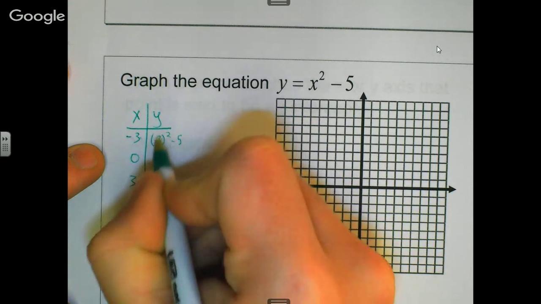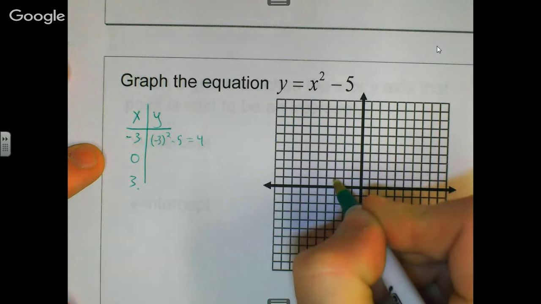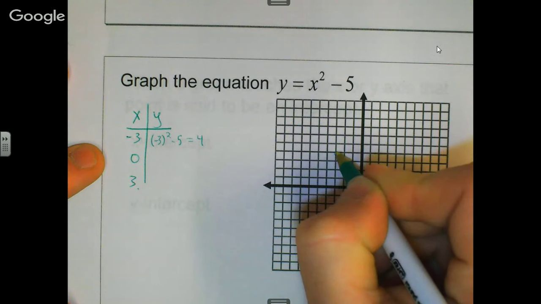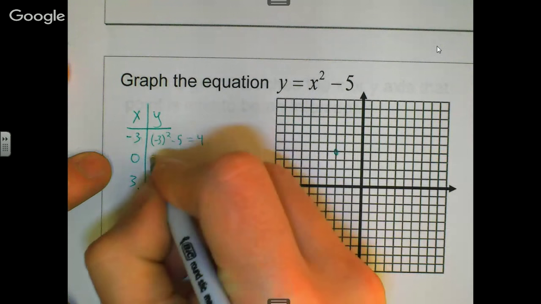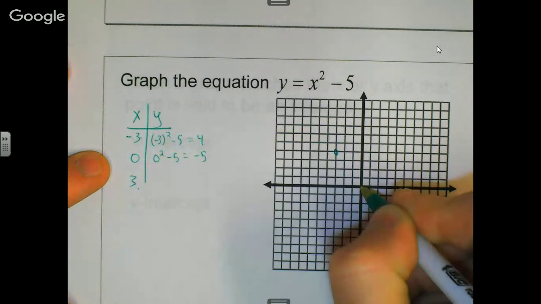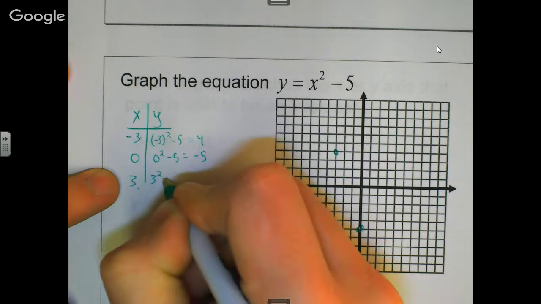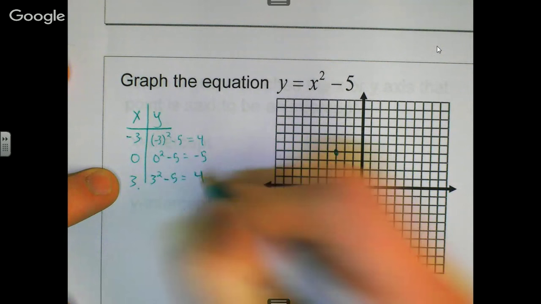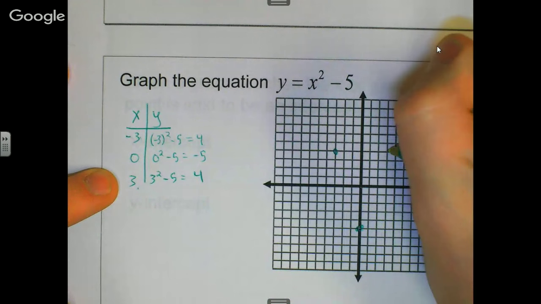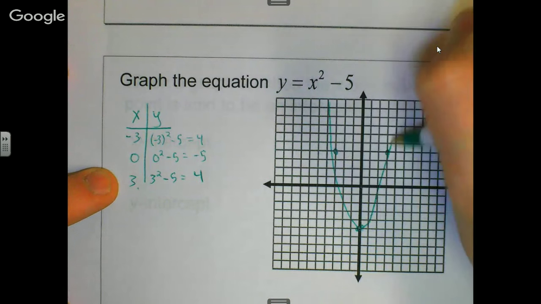That's 9 minus 5, which is 4. So -3, 4. 0 squared minus 5 is minus 5, so 0, -5. 3 squared minus 5 is 4, right there.